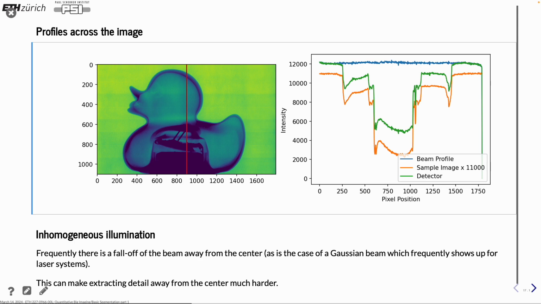And you can see that there are differences, in particular, not so much. In these regions, you can see maybe some fluctuations, and they are caused by the beam profile, and also this difference in intensity is also caused by the dark current contribution.